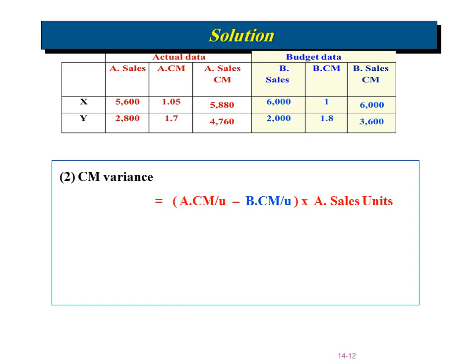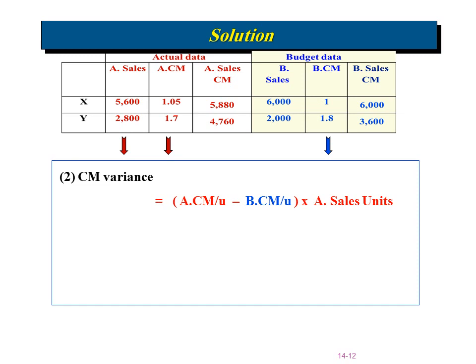So I need three kinds of information from my table. I need actual contribution margin per unit, budget contribution margin per unit, and don't forget actual sales. Again, actual sales.